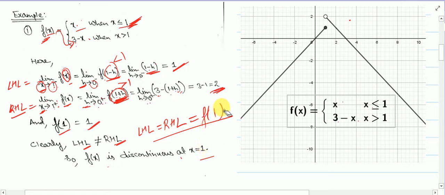So here we saw that the left hand limit was 1, the right hand limit was 2, and f(1) was equal to 1. So these two are not equal, that's why.